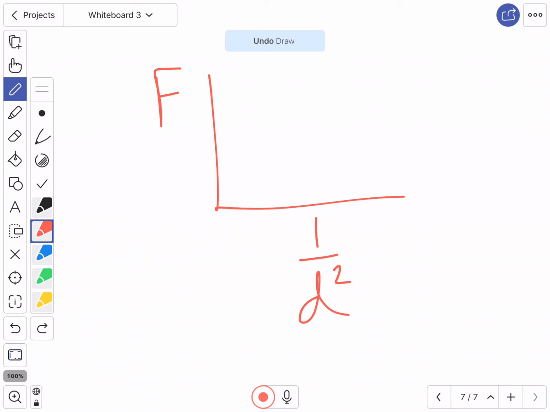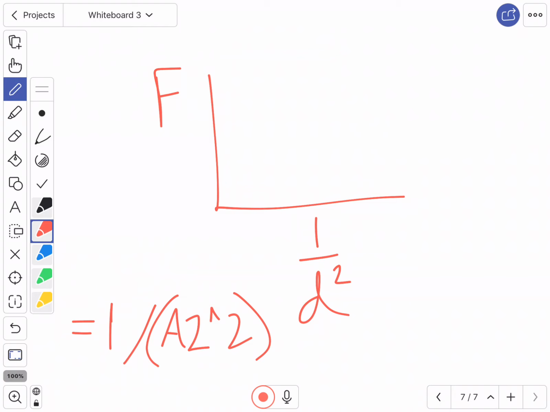So your equation could be, a2, or I guess it wouldn't be an asterisk, it would be squared: 1 divided by parentheses a2 squared. So that's kind of what I would write into my Google Sheet to find d squared.